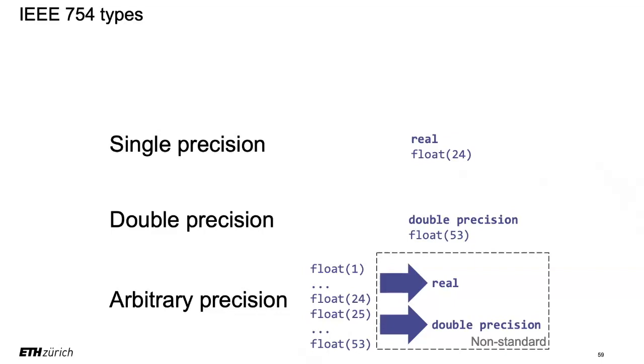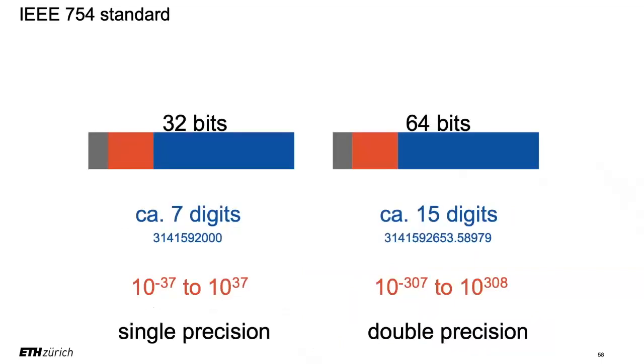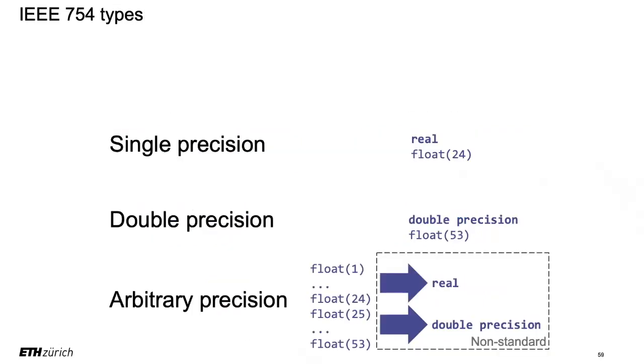Now, this is the theory. That's what the standard says. But the implementations, in fact, very often, will put anything between 1 and 24 just take the real version, so the single precision version. And anything between 25 and 53 will be just double precision. For PostgreSQL, of course, a different implementation of a SQL database might do something differently, but in that case, it doesn't actually respect your wish to cap the precision.